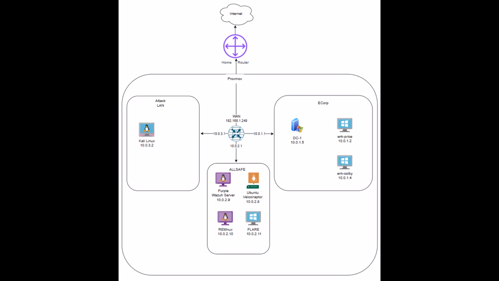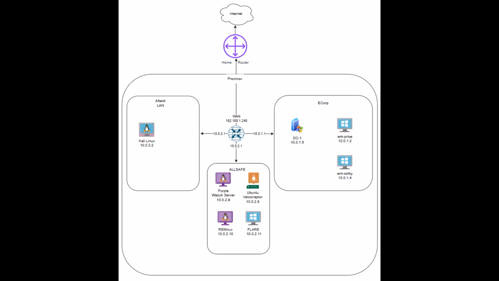And the second difference is we're going to introduce a third LAN, or local area network, and this one will be called AllSafe. So in the intermediate lab, we had two LANs. We had the attack LAN and the eCore LAN. So basically what we're going to put in the AllSafe LAN is your SIM, Velociraptor, and other technologies that a managed security service provider generally provides.